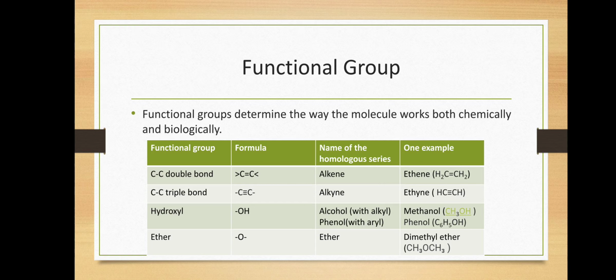The example of one alcohol is methanol, and in phenol there is a hydroxyl group which is attached with the benzene ring, that is the aryl ring. Next one is ether. Homologous series name is also ether. One example of it is dimethyl ether.